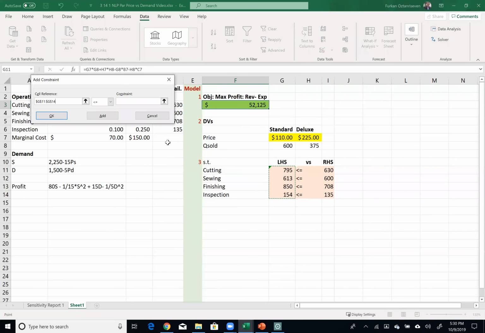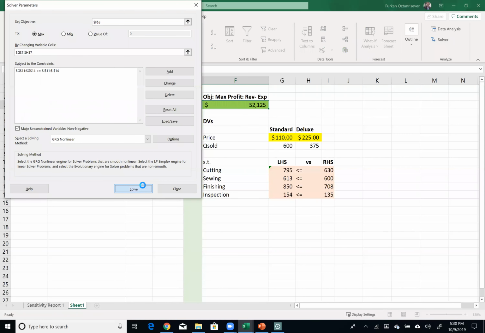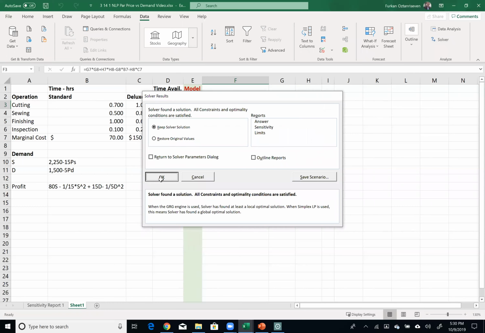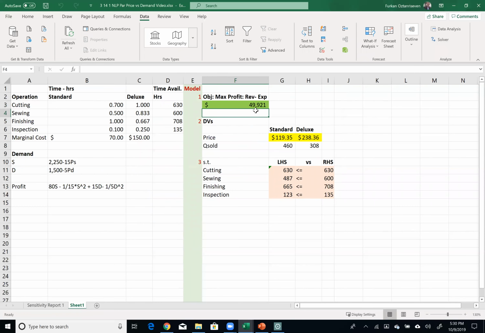These values should be less than or equal to these values. Click OK and solve this problem. And click OK, and looks like this is my optimal solution, which is $49,921, and all the constraints are satisfied, and I should charge $119.35 for standard products and $238.36 for deluxe.